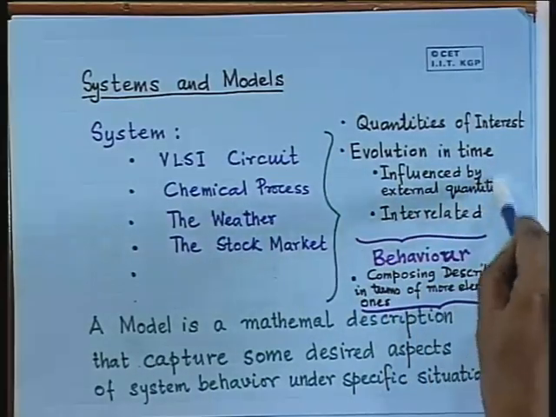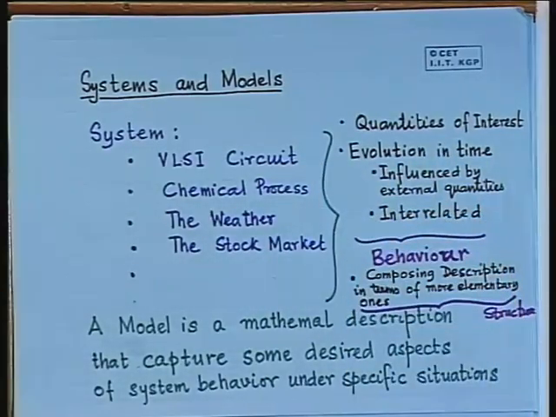So the quantities of interest of the system which evolve in time are not only interrelated amongst themselves, they are also influenced by external quantities across the boundary. And this evolution in time is typically called the system's behavior.